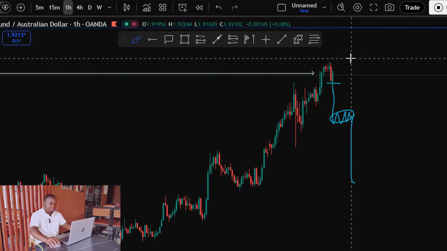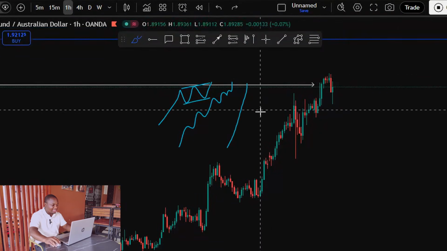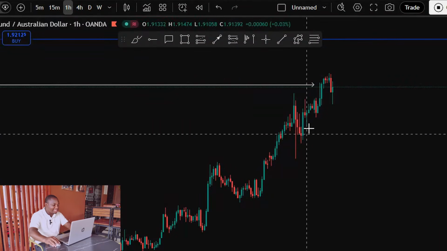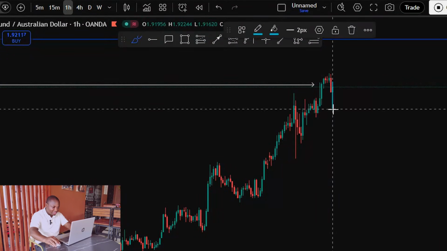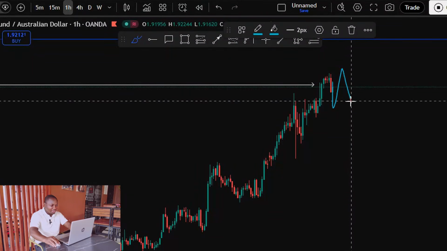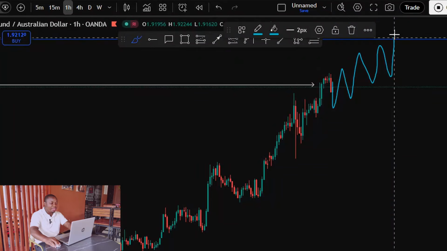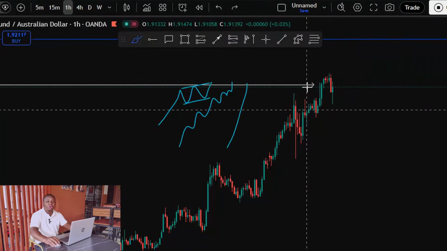What are the consequences of that? The consequences are that you can get tagged in and tagged out very quickly. The price will tag you in, tag you out, tag you in, tag you out, and before you know it, it's coming back to these areas to find more volume or liquidity.